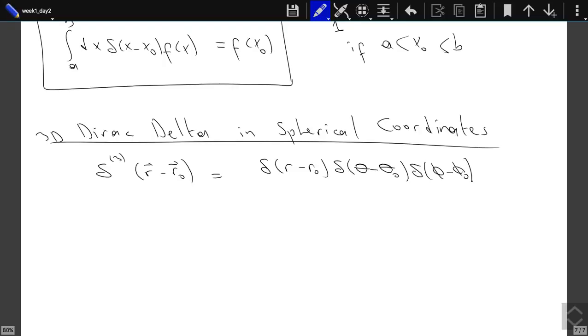The right-hand side is non-zero only if the magnitudes of r and r0 are equal to each other, the theta angles of those two vectors are equal, and the phi angles of those two vectors are equal. And if the r, theta, and phi coordinates of two vectors are equal, the vectors are equal to each other.